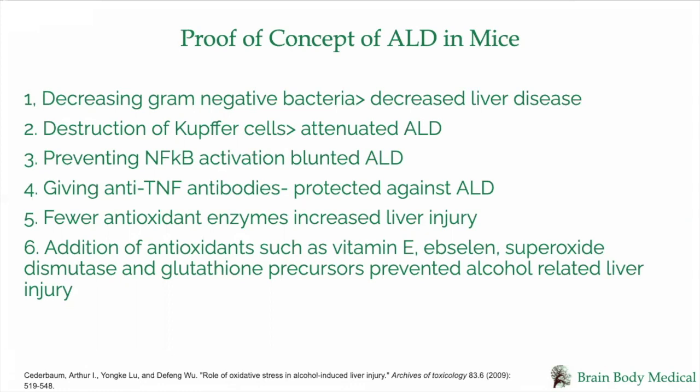So these are all processes that they showed that if they somehow were able to blunt the action of any of these kinds of pathways, alcoholic liver disease was prevented. So this really shows you that having an intact gut, having a gut that works well, is very important to prevent alcoholic liver disease.